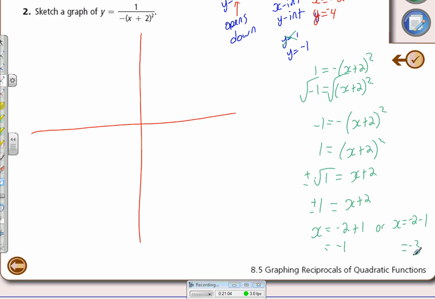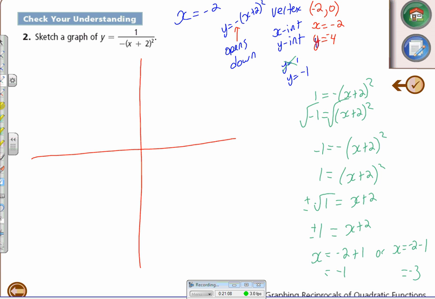Let's start putting all this together on the graph with the original. Vertex negative 2, 0. We know the x-intercept is negative 2 because we're crossing right there. Y-intercept of negative 4. And y equals negative 1 at negative 1 and negative 3.